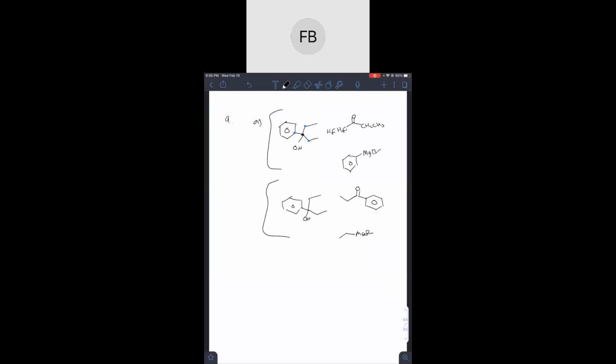Wait, could you repeat that? Yeah, the benzene ring with 2, 3 carbons coming off. So like that? Yeah, primary. And then a double bonded O attached to the same thing on the side.